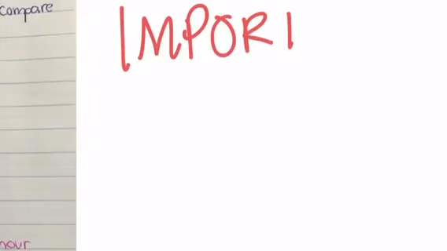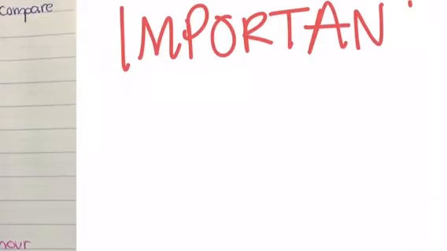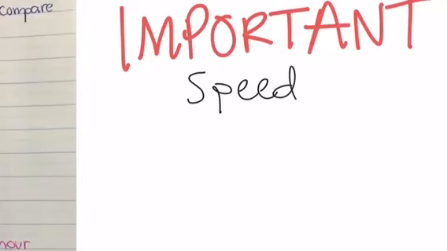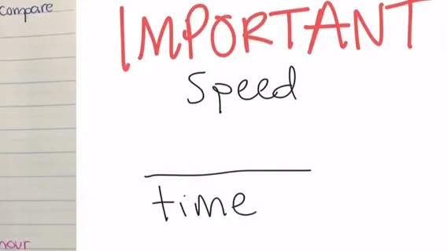However, the big, very important thing that I want you to remember, so I'm going to write it really big, important. I want you to always remember, when we are working with units of time and how fast something works, if we're talking about a rate of speed, I want you to have your time on the bottom.